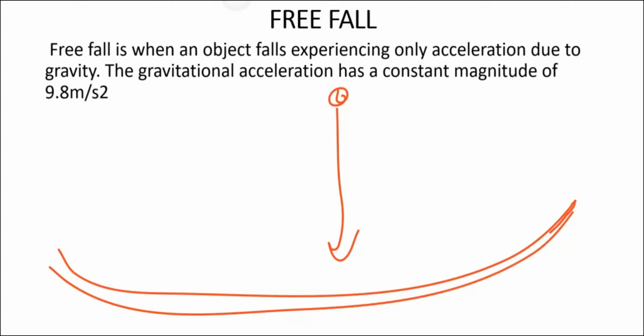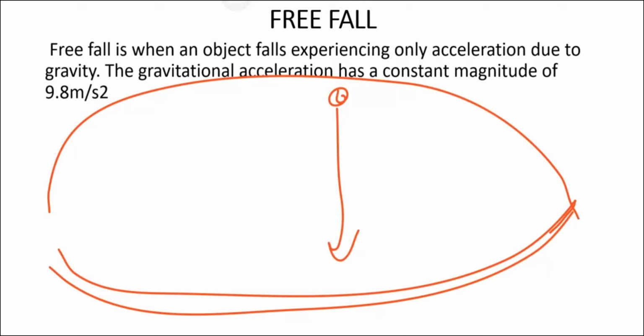If an object falls within this gravitational field near the surface of the earth, we're not talking about a plane. We're just talking about something like a ball falling from the top of the stairs down, because that is still within the gravitational field of the surface of the earth.